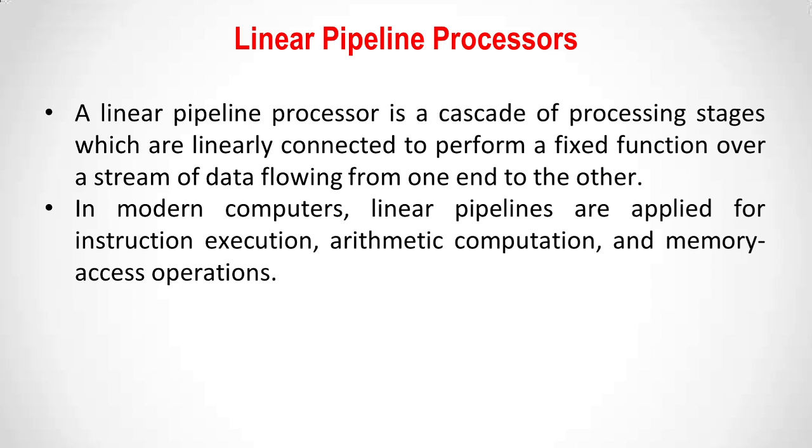As the name itself suggests, linear pipeline means a cascade of processing stages. We'll get to know the definition when we see the diagram. We are connecting different stages linearly, and these linear pipelines can be applied for instruction execution, arithmetic computation, and memory access operations.